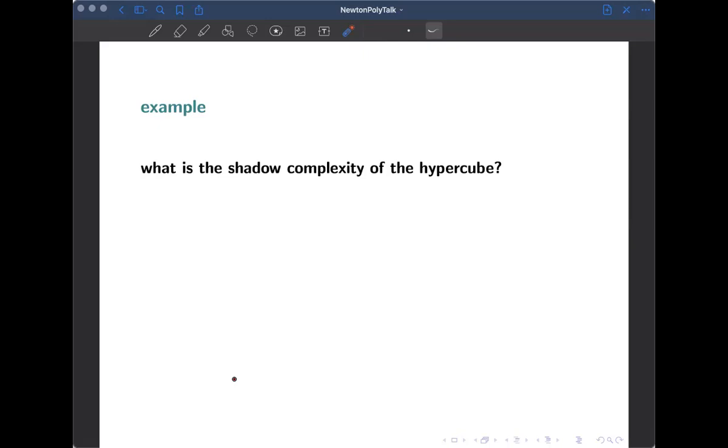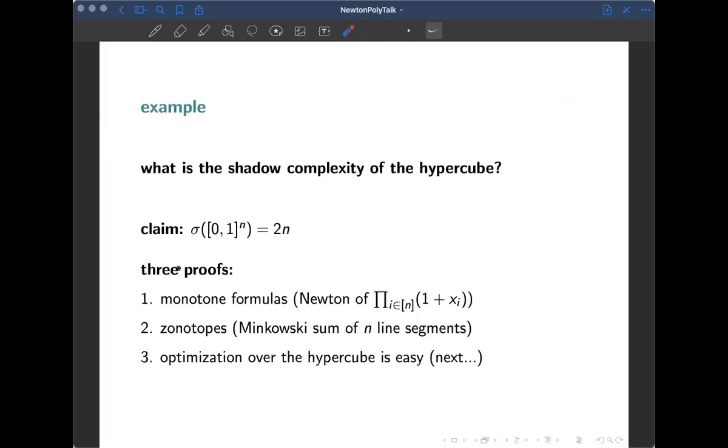So we have 2 to the n vertices. We want to project to the plane with many, many vertices. And just as an example, I want to show that this projection is not very powerful. So for example, the shadow complexity of the solid cube in n dimensions is exactly 2n.